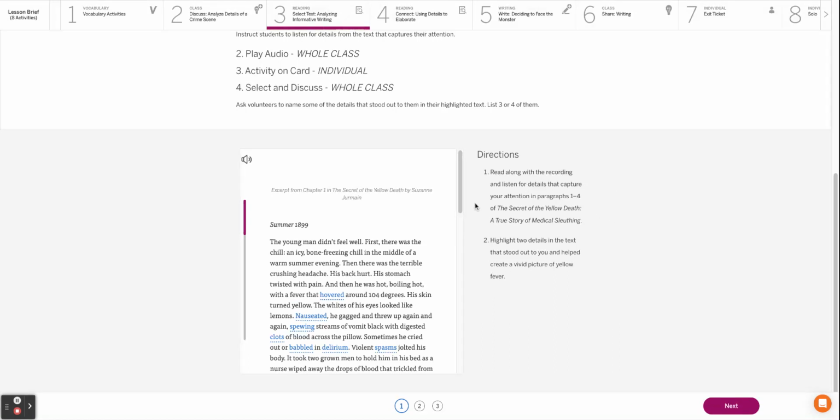So, you're reading along with these paragraphs, and you need to find 2 details in the text that stood out to you and helped make a picture, a vivid picture, something that you imagined clearly about what yellow fever is, what it's causing, that kind of thing. So, at least 2 details that you're going to highlight.